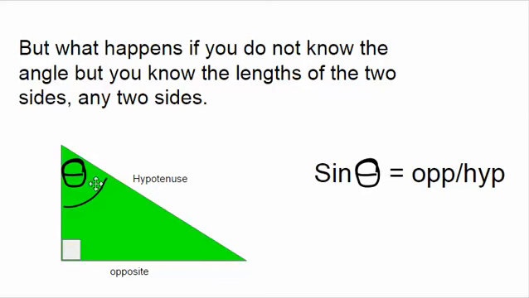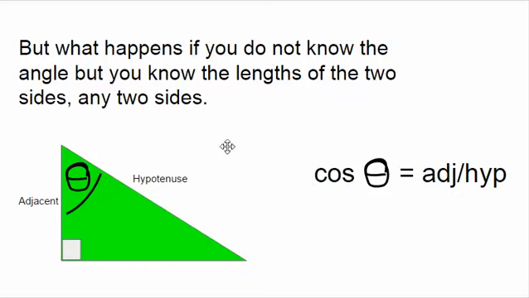So, all right, what happens if theta changes? Well, if theta jumps to the other side, the other acute angle, because there are only 2 acute angles in a right triangle, then the opposite side now becomes what had been the adjacent side. And that's because this is opposite the angle. The hypotenuse never changes. And so the sine, the pure number of sine, is equal to the pure number of the opposite divided by the hypotenuse.